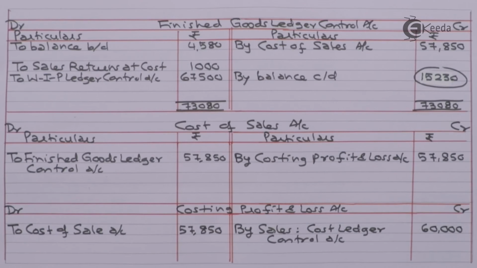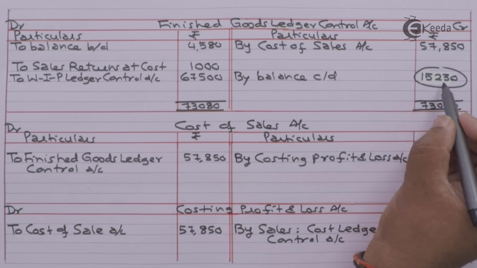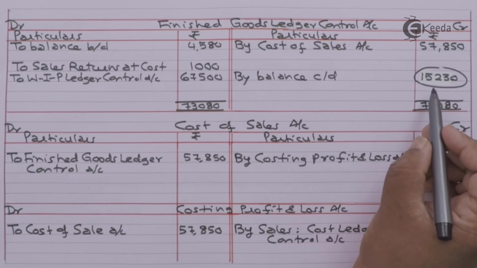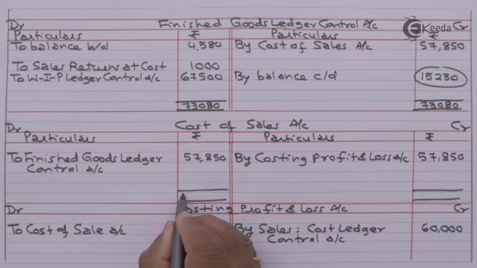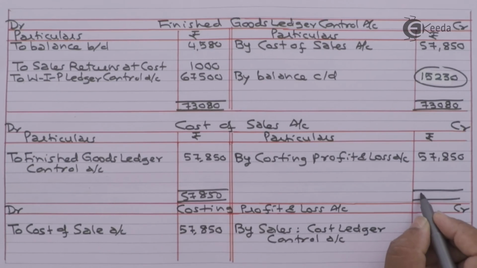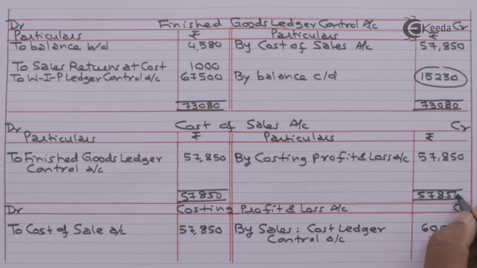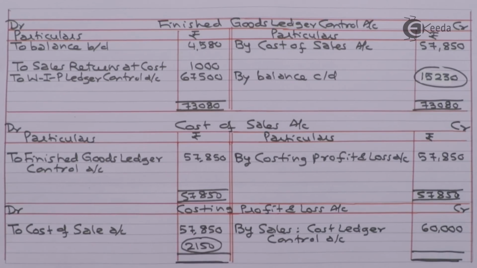Finished goods control account, we are getting a balancing figure on the credit side, 15,230. This will be transferred to trial balance. So we got a profit of 2,150.